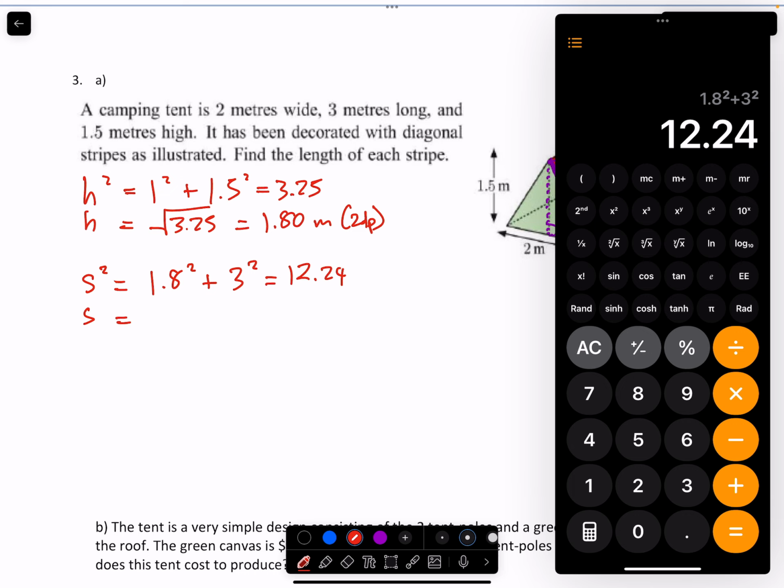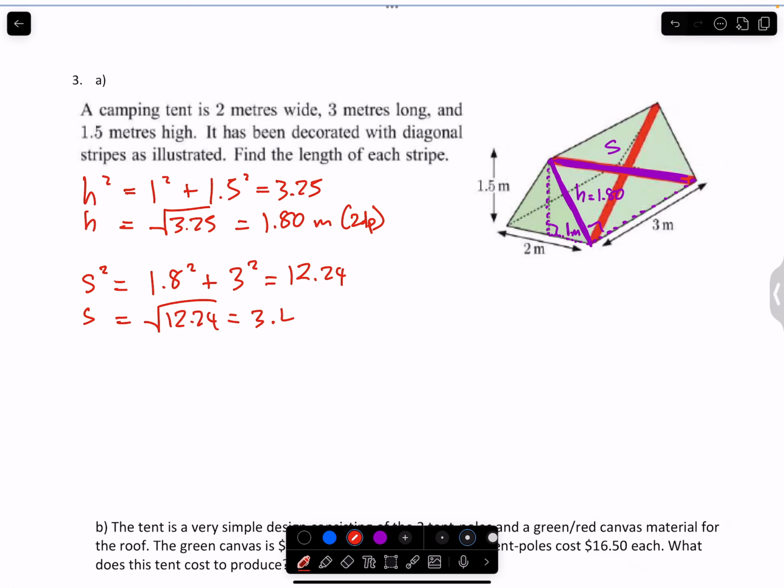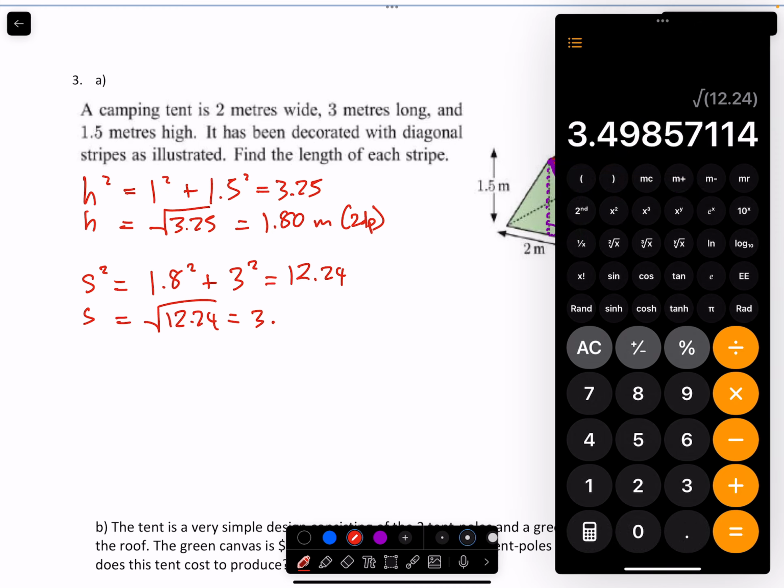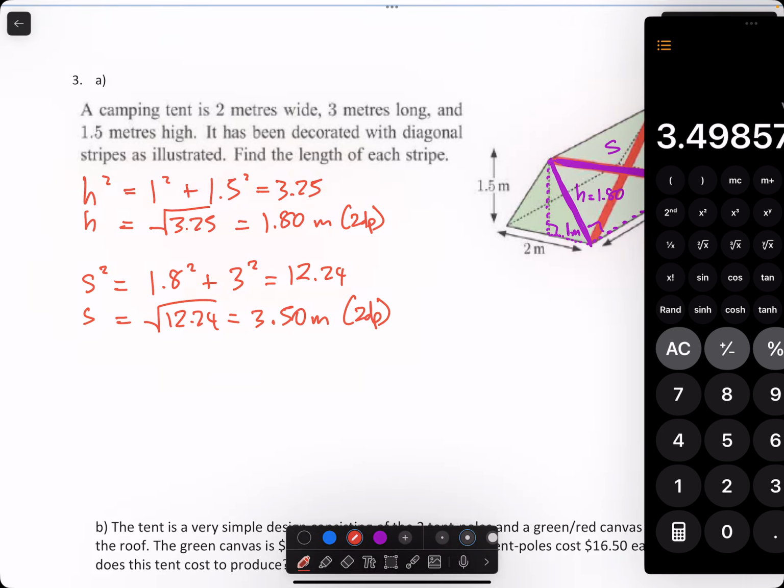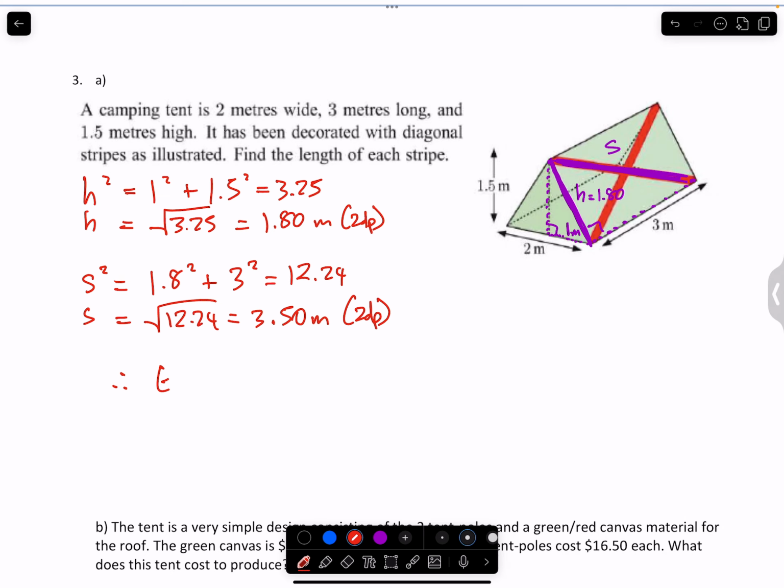So S is the square root of 12.24, which is 3.498, rounded to 2 decimal places 3.50 meters. Therefore, each stripe is 3.5 meters long.